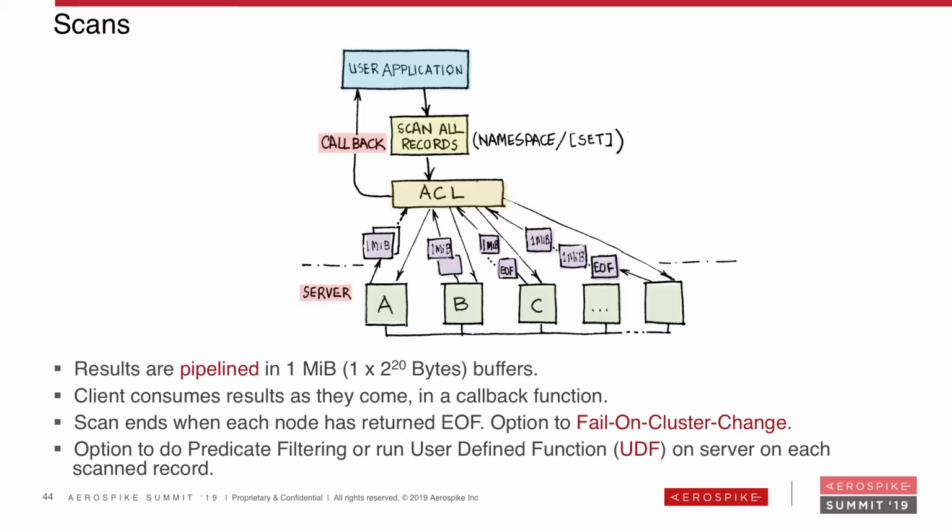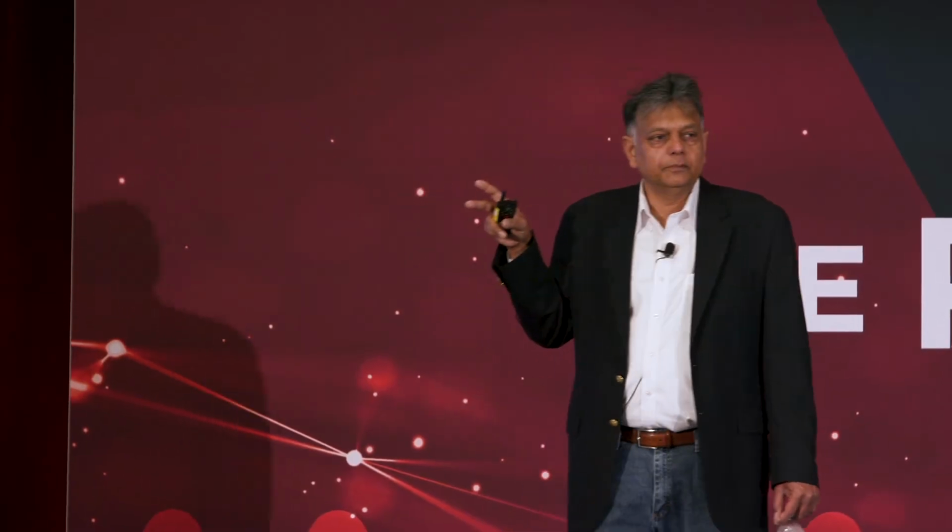Scans, that is, both scans and secondary index queries, are different than batch index reads. Here you're giving the scan query to the servers, and each node runs the query and pipelines its results in 1 megabyte buffers to the client library, and you consume them as they come. So there is no order here. You'll get the results in any order, right?